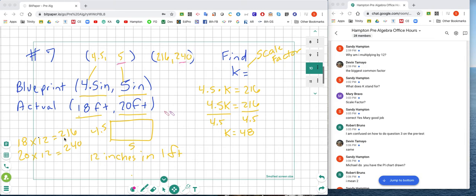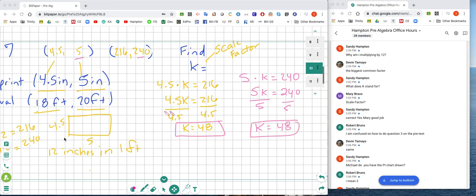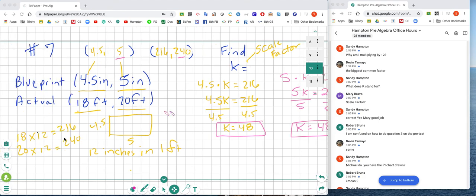So 5 times K should give me 240. 5K is equal to 240. Divide by 5, divide by 5, K is equal to 48. And both of the scale factors should be the same. And now you know how to do dilations.